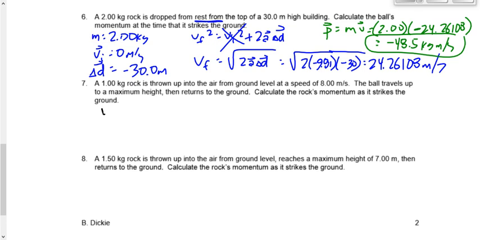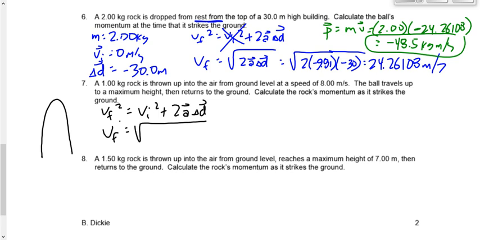We could say, analyzing the whole trip up and down, we could say VF is equal to the square root of 8 squared, the initial speed, plus 2 times negative 9.81, because the acceleration over the whole trip is negative 9.81, times, what's my displacement over the entire trip? 0, because I end up where I start, right?